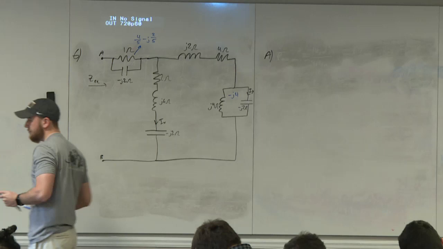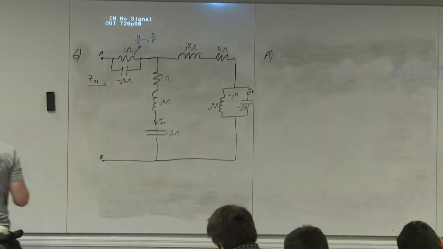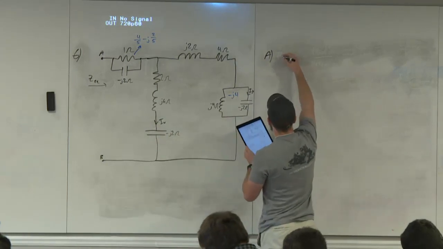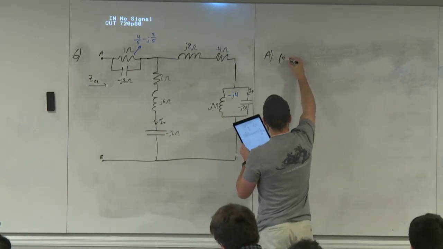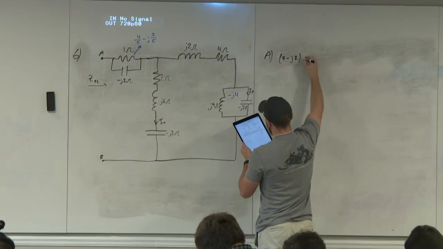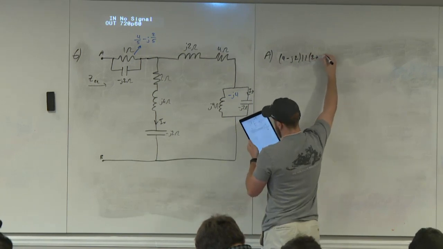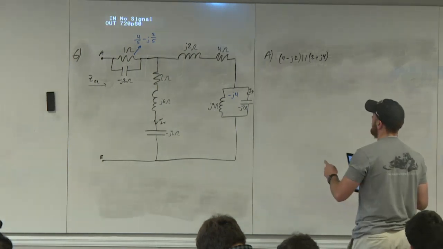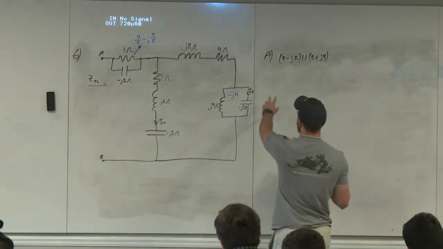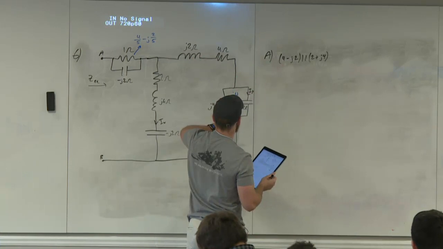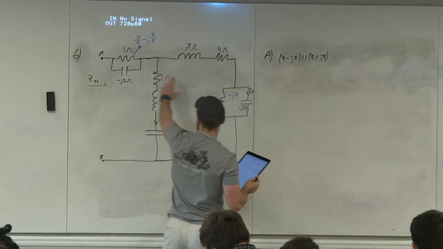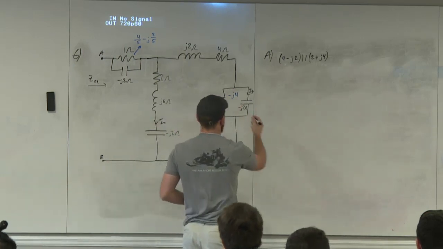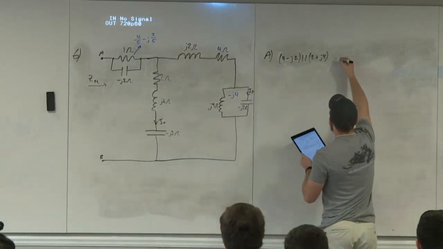So Z A is equal to 4 minus j2 parallel with 2 plus j4. Let me try to remember where I took off from. So these elements are in series, and then that is this. So I just broke it down to that simple part.